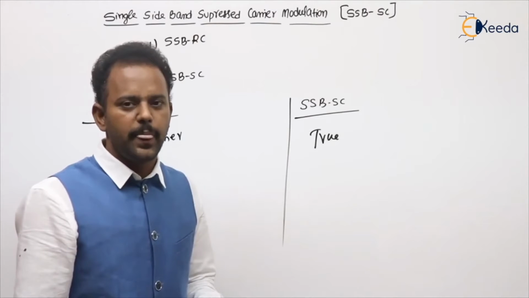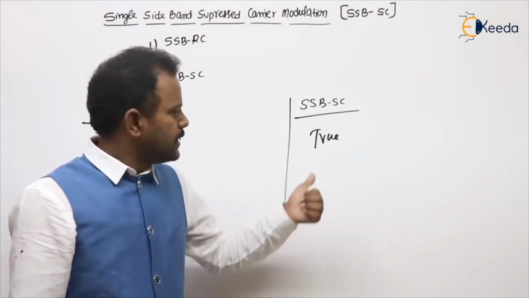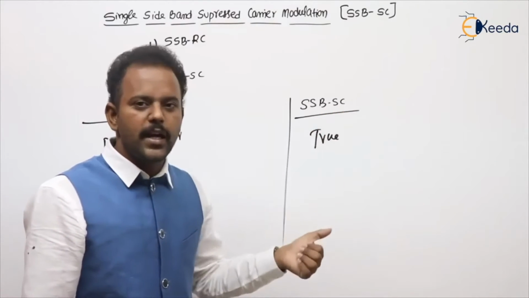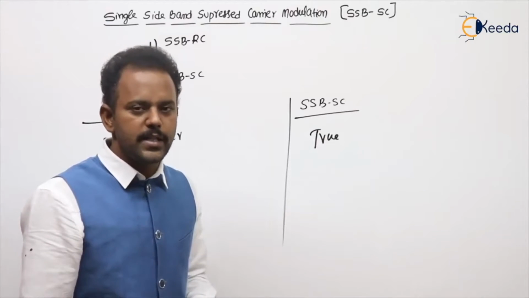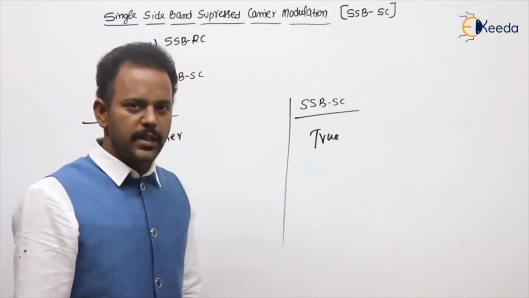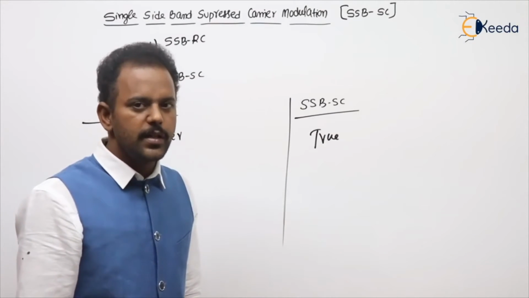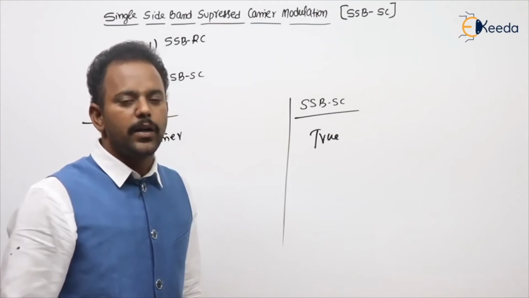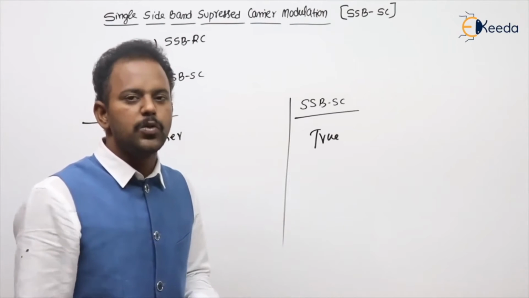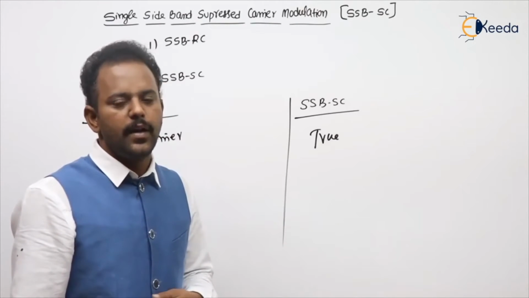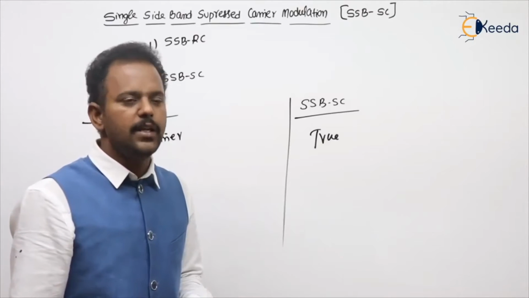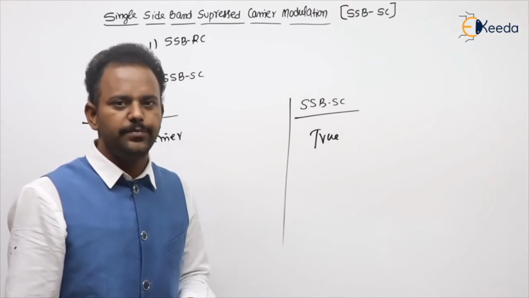Understand my point? Nowadays we are using this, and a pilot carrier is used in point-to-point communication, especially between those two points. For voice signal transmission, we use SSB-SC anyhow. Clear?